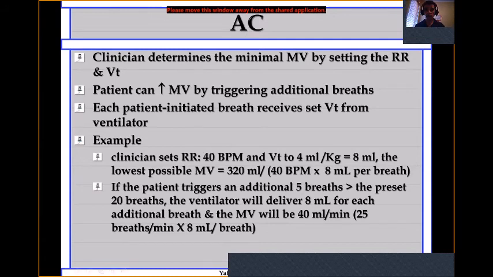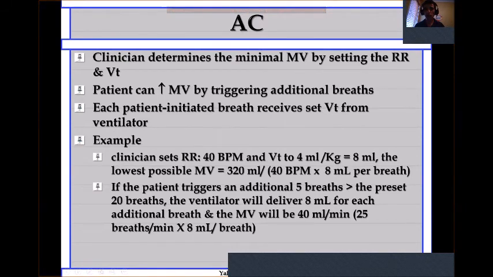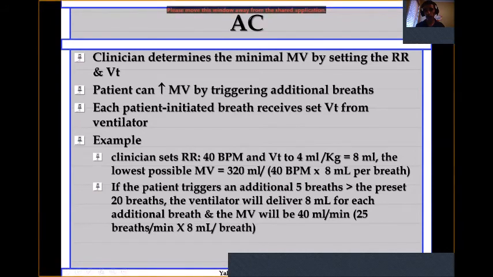So you will see the mandatory, and also when the patient initiates a breath, he receives the tidal volume. So the patient will have the minimal tidal volume set by the clinician, and whatever extra effort he's doing will be helped too. An example, if the clinician sets the rate of 40 and tidal volume of 4 per kg, and the patient is 2 kilos, then it's 8.